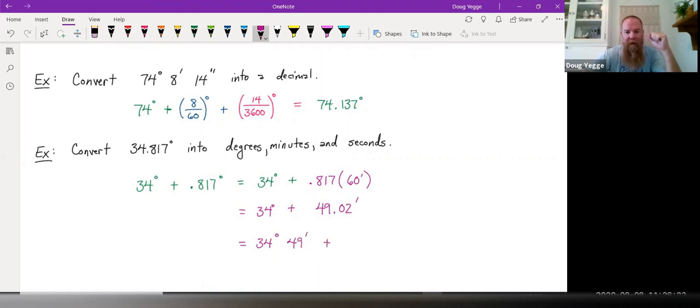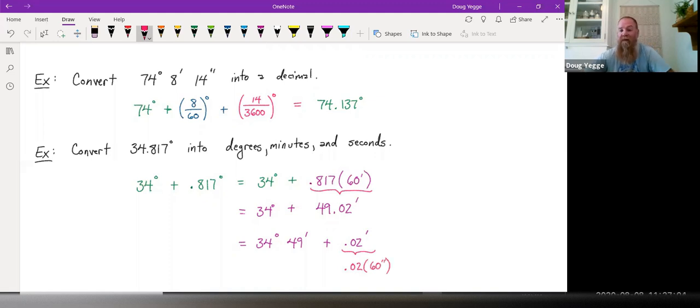plus another tiny little portion of minutes. And so we should be able to take that 0.02 and convert that into seconds by recognizing that if 0.817 times 60 minutes was this amount, then we could rewrite 0.02 minutes as 0.02 times 60 seconds.